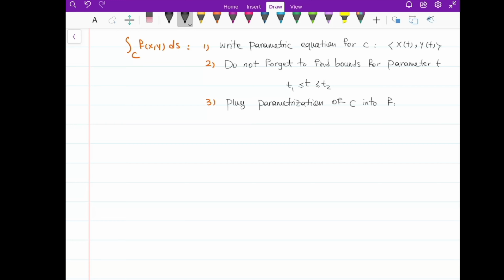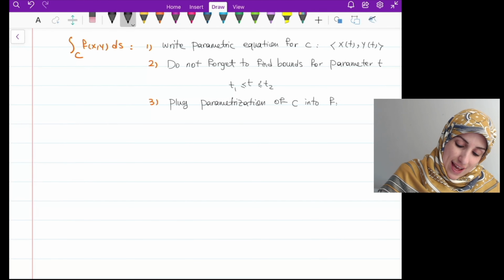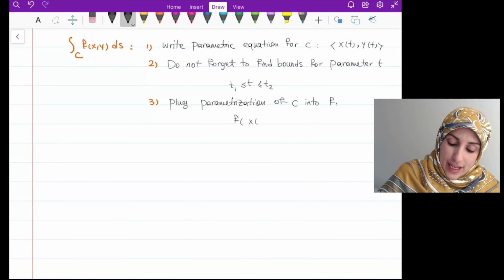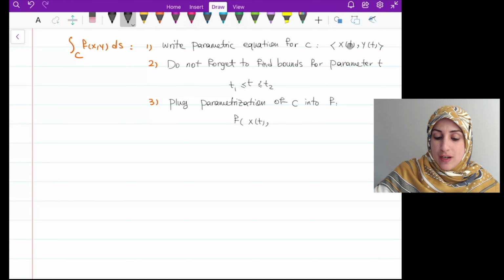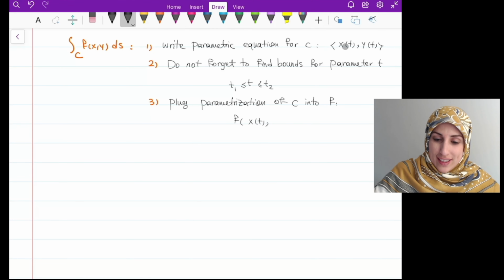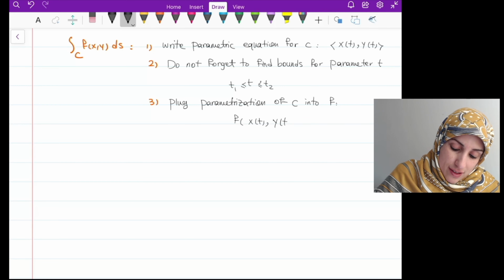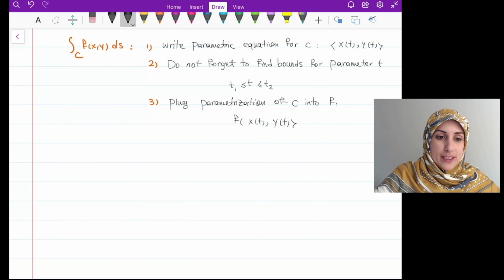Well, how do we do that? We're going to say that we have f of x of t, the parameterization for C, and y of t, right?